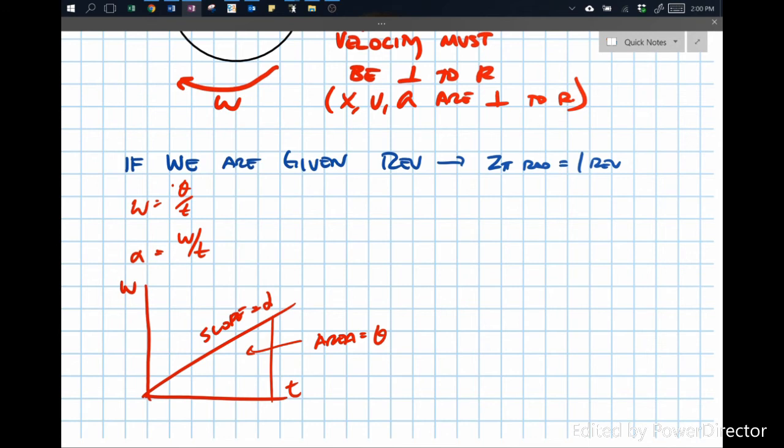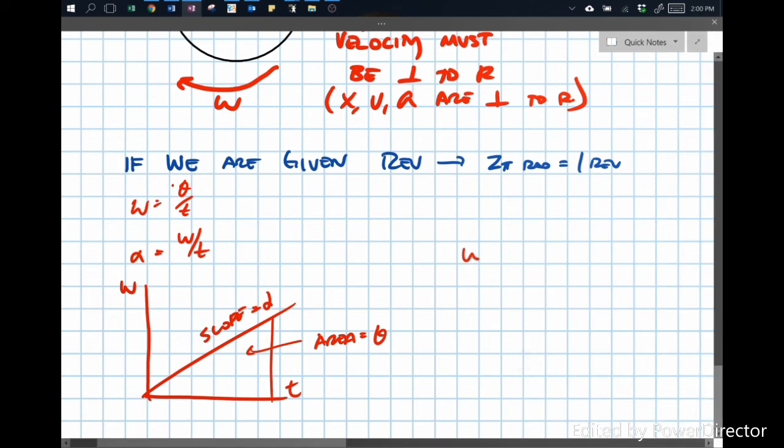Since this is where we got our kinematic equations, we can rewrite all of them to be angular. We can use them just like we did before.